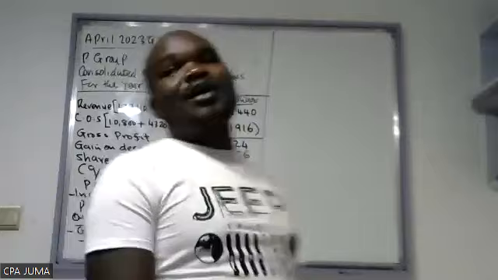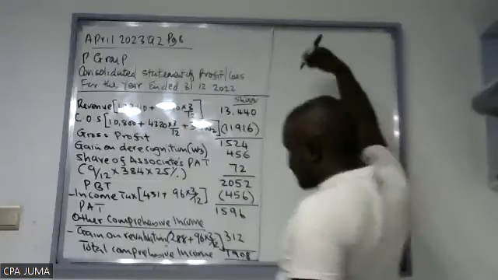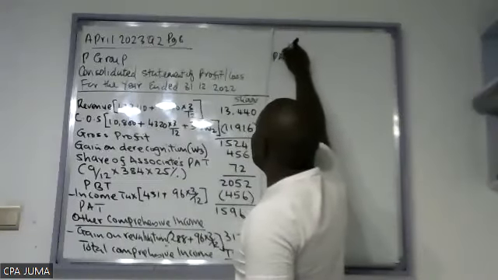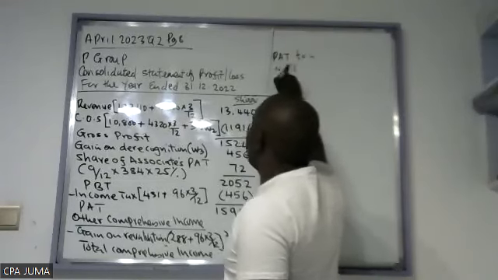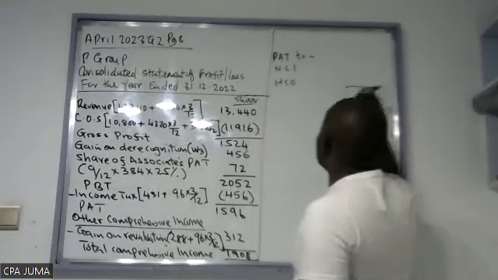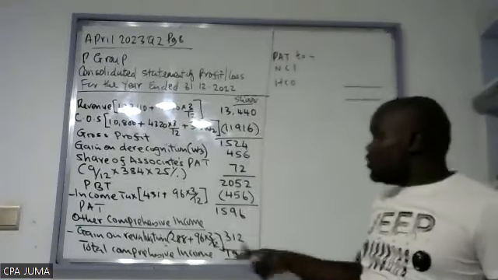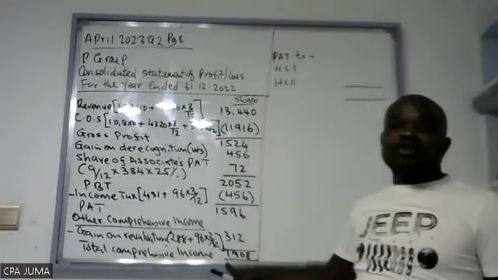So PAT to NCI and holding company. So you start sharing. They share the PAT and they share the total.